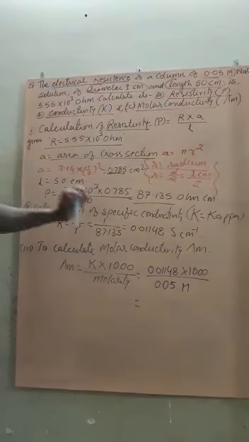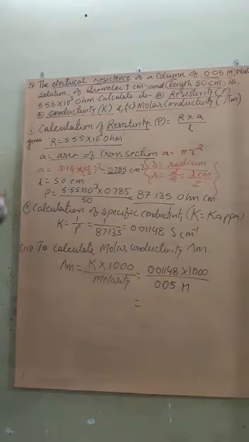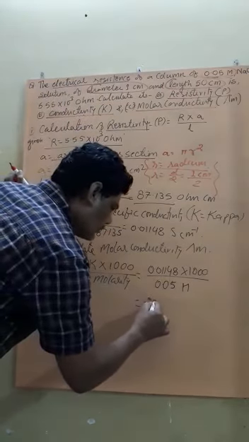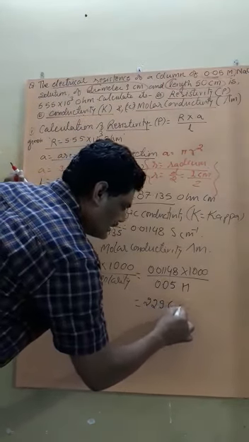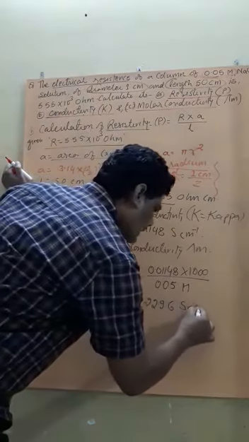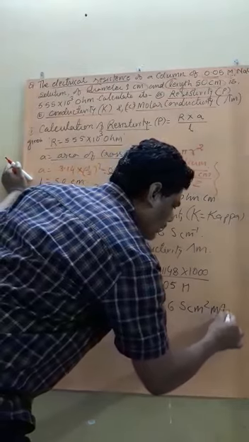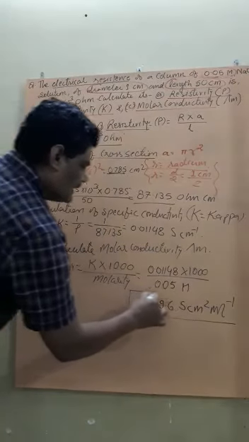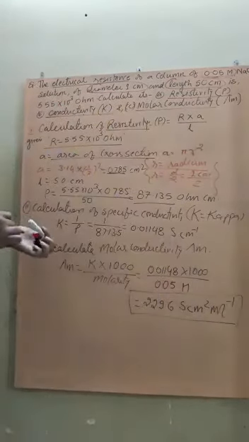Now when you solve, you will get 229.6, and the unit will be Siemens centimeter square per mole. So in this way you can solve the question properly.